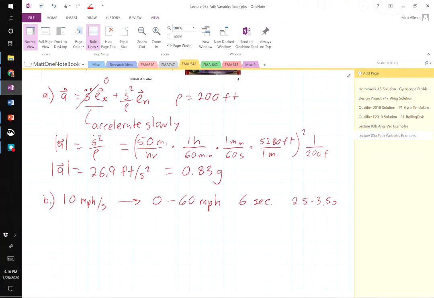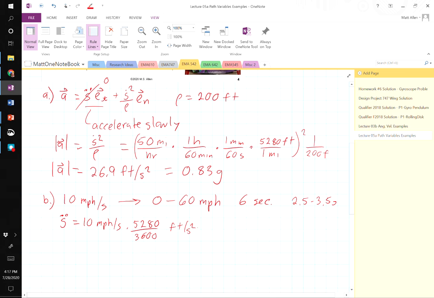So in this case now, we have a non-zero s double dot. That's our 10 miles per hour per second. And we'll have to do a conversion on that as well. So we'll have to multiply that by 5280 over 3600 to get that into feet per second squared.